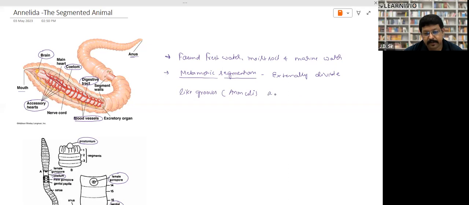Internally by, and so metameric segmentation is true segmentation.